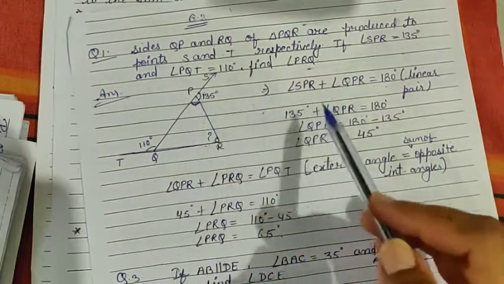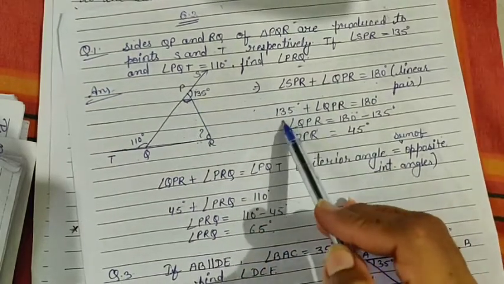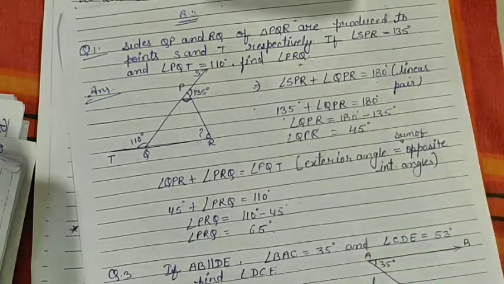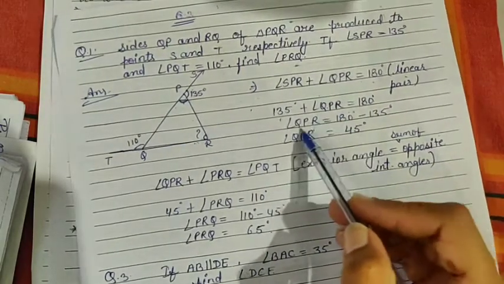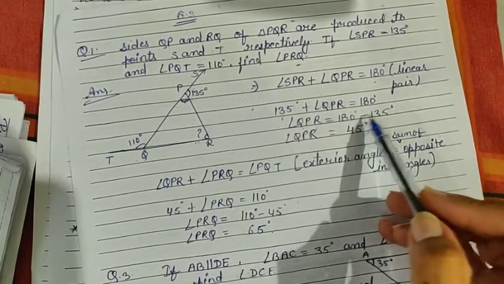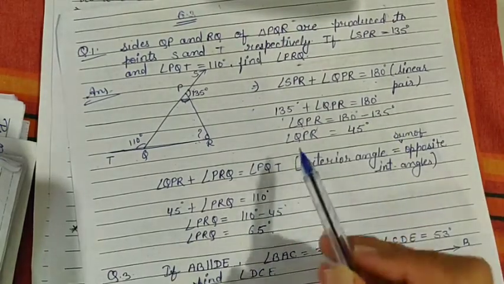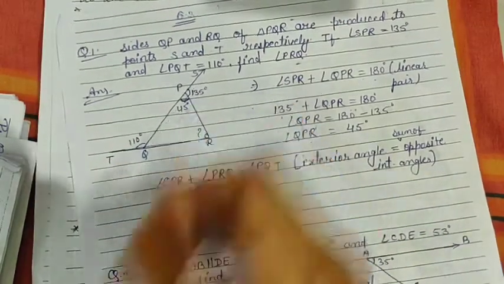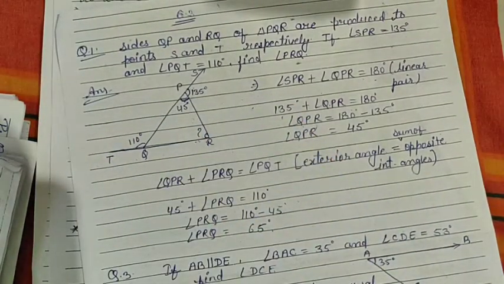So angle SPR equals 135 degrees, plus angle QPR equals 180 degrees. So angle QPR equals 180 degrees minus 135 degrees. Angle QPR equals 45 degrees. So we find angle QPR equals 45 degrees.